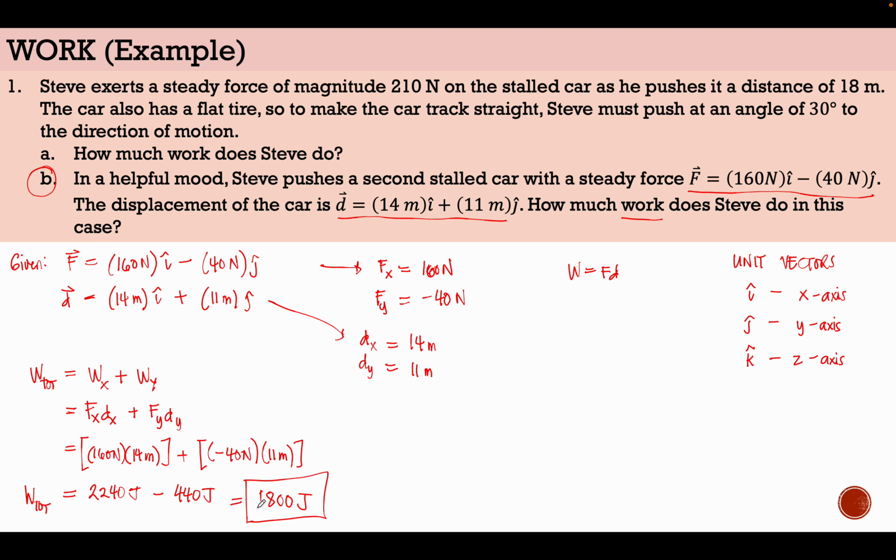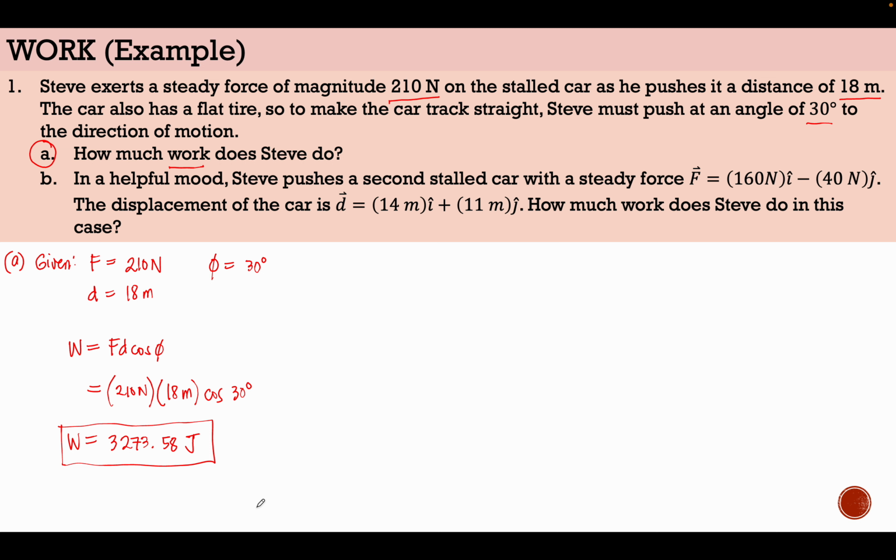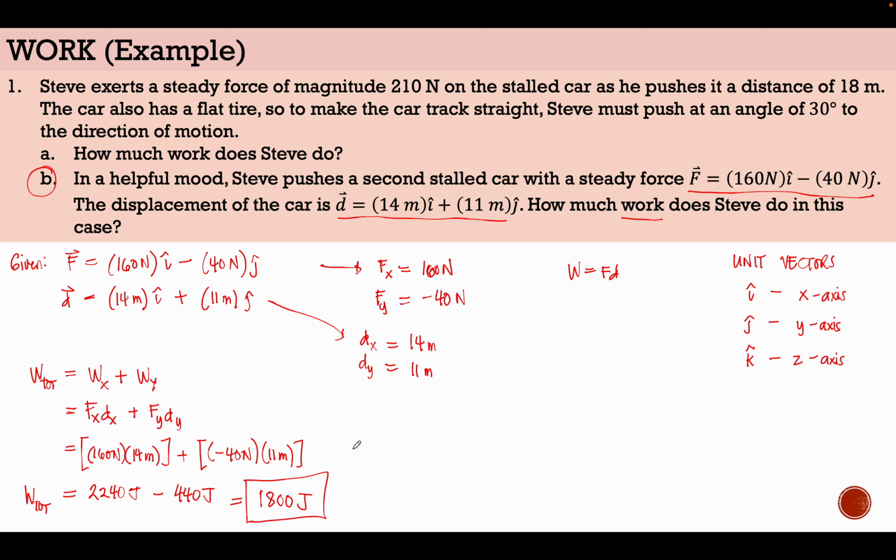Again, from letter A, notice that the work done by Steve on the first car is 3,273.58 joules, while on the second stalled car, Steve exerted a work equal to 1,800 joules. So that is for example number 1.